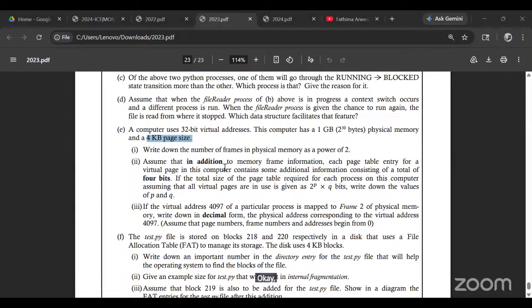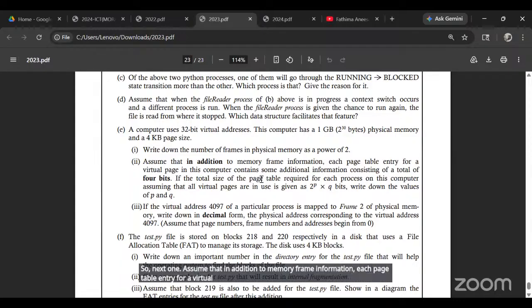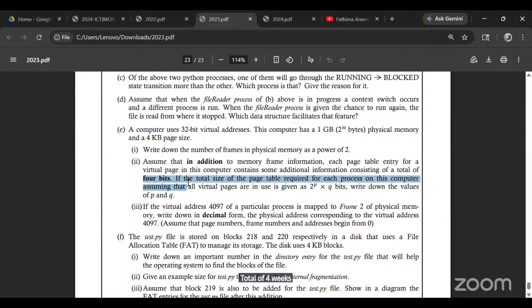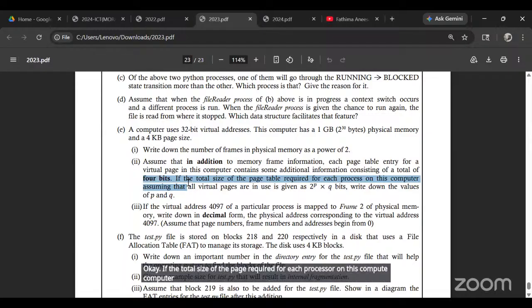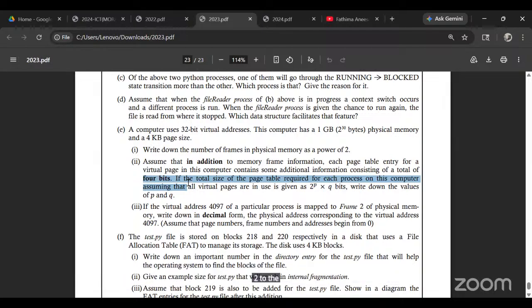Next one. Assume that in addition to memory frame information, each page table entry for a virtual memory in this computer contains some additional information of a total of 4 bits. If the total size of the page table required for each process on this computer, assuming that all virtual pages are in use, is given as 2 to the power p multiplied by q bits, write the values of p and q.